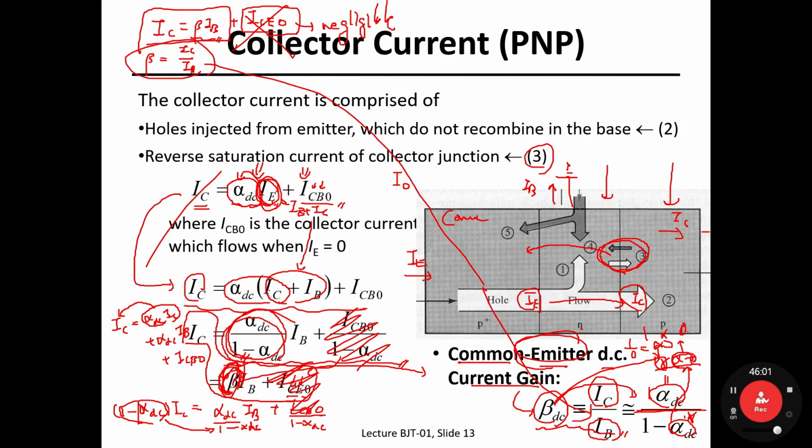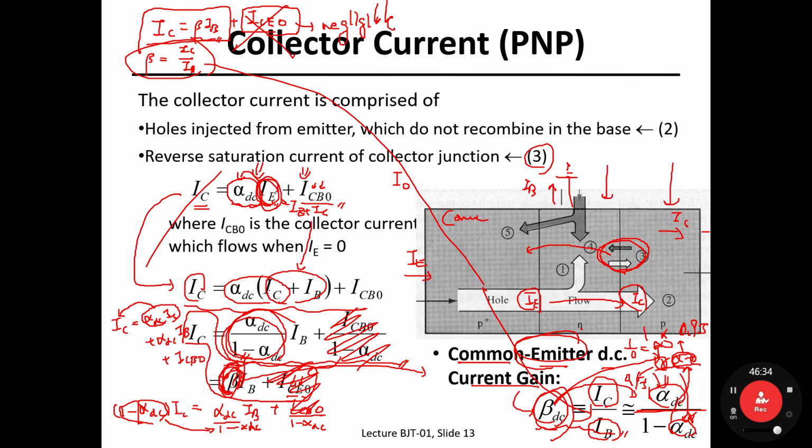If, say, alpha T is 0.95 and gamma is 0.95, plug in the value here and calculate the value of beta. Then you're going to end up with a value of a few hundred. So this is the core part. Why can the common emitter DC current gain of a BJT, beta, achieve such a high gain? Why is that?